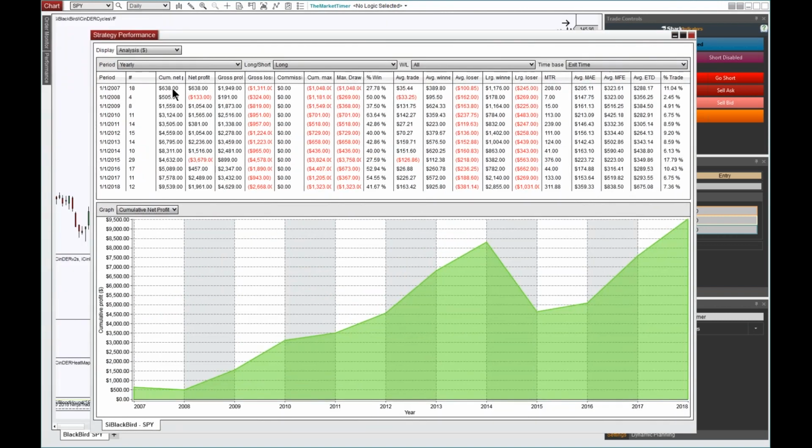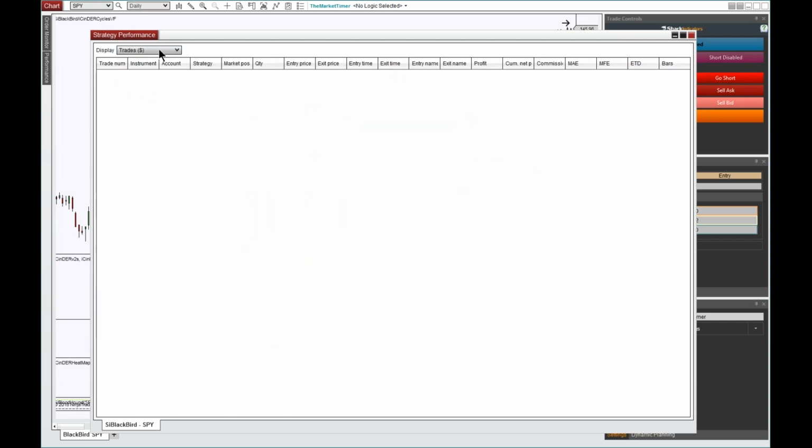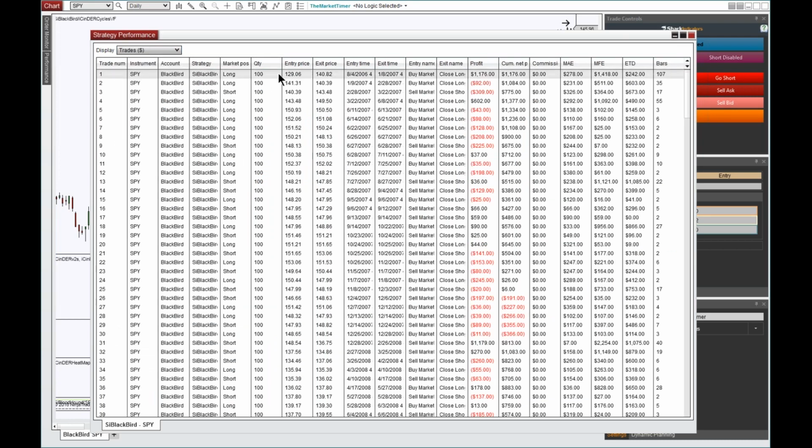January 1st, 237 profit, gross profit, commission, cumulative max, average trade 35. Okay, that's actually going to be in the trades. Yeah, 129.